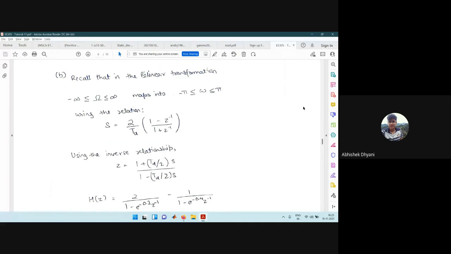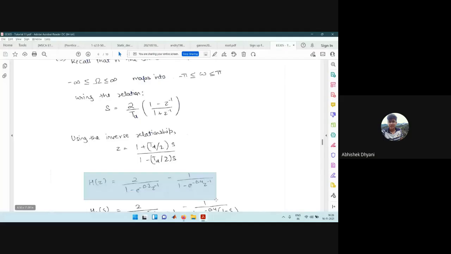So unlike the general case where we just say that capital omega times Td is the small omega, here we have this relation between the S and Z variables. This is the main thing about bilinear transformation. We can also put Z as the subject, or find Z in terms of S, which will be this part, right?